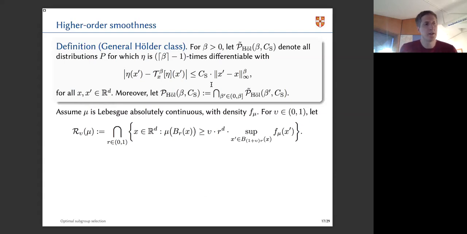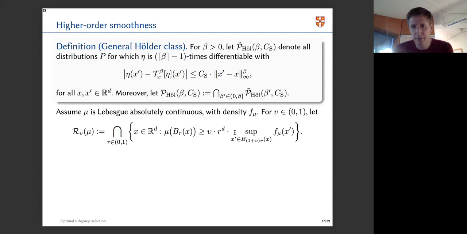There's another slightly more technical restriction I perhaps won't talk about in detail here, but this set curly R is a set of points where the marginal distribution is relatively well behaved. So this marginal distribution, if it was locally constant, would be like the density at the center times the volume of the ball.